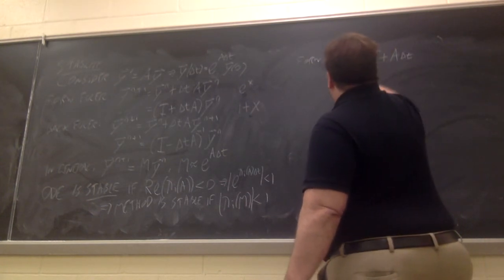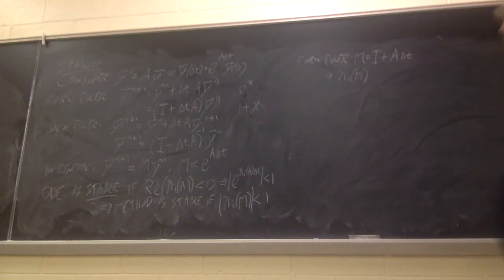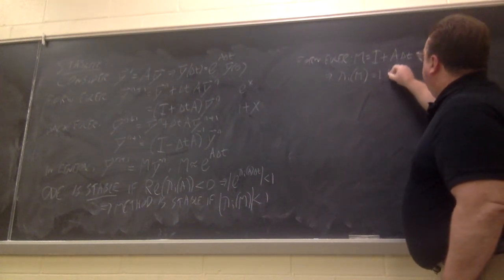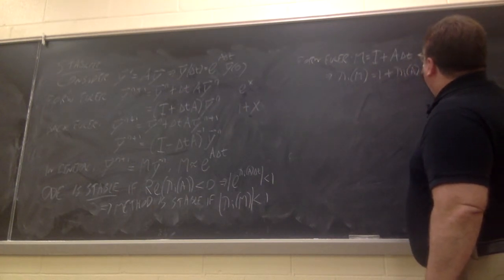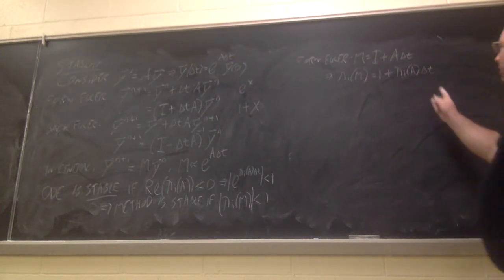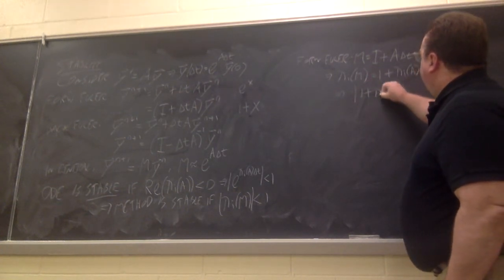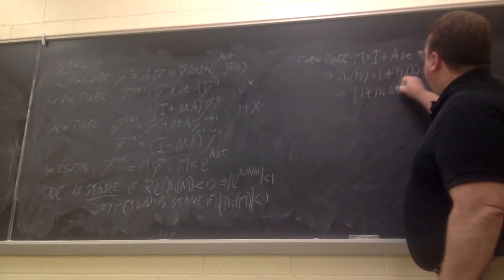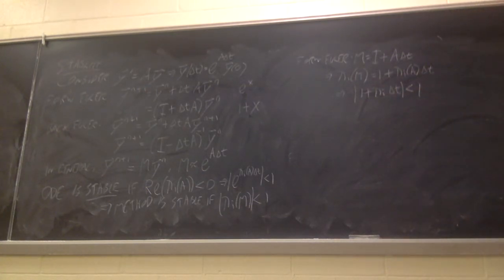So that means that each eigenvalue of M is equal to 1 plus the eigenvalue of A times delta t. So that means that the absolute value of 1 plus lambda_i delta t, I'm being lazy with my notation here, is less than 1.